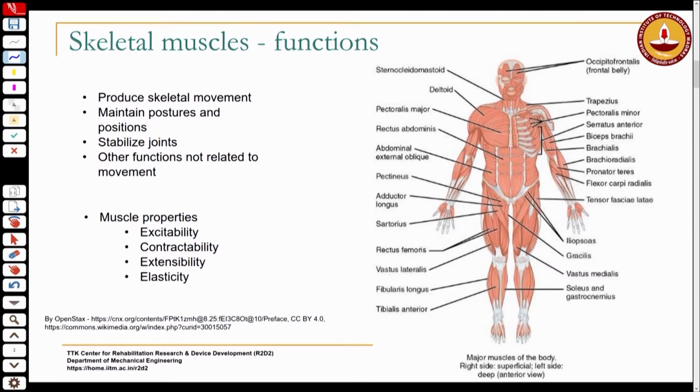There are other functions too: they control basically all the entrances and exits into the body. Your ability to speak or swallow, your excretory system, everything is controlled by muscles. Those entrances and exits to your body are all controlled by muscles.